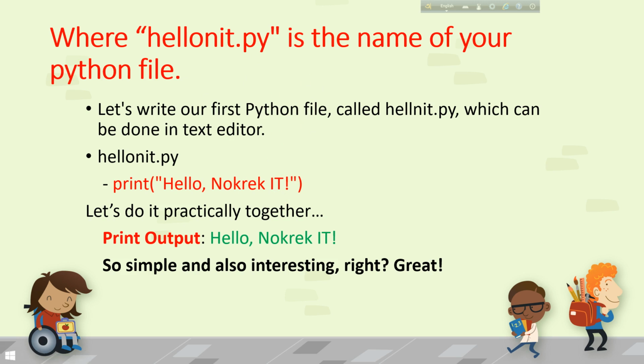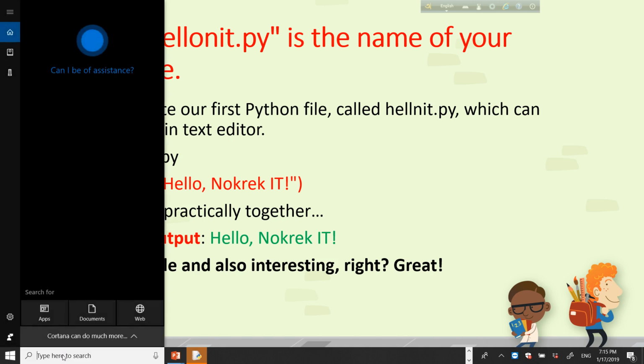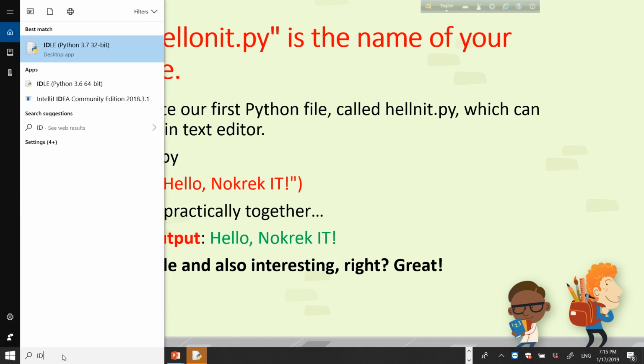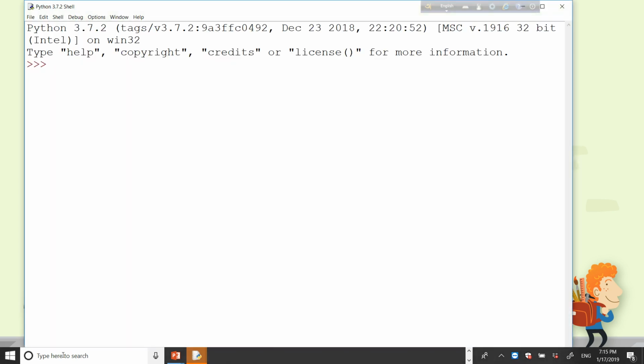Okay, it's not coming. IDLE. I press enter and it is here. Okay, now what we can do, we can just write 100 plus 120, press enter, and the result is 220.